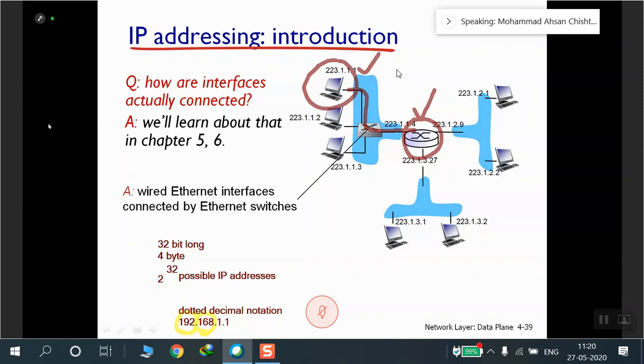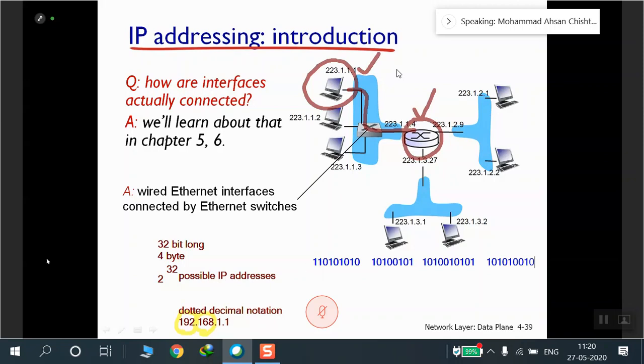Thus, we would have a binary notation of something like this. This is how an IP address would actually look.